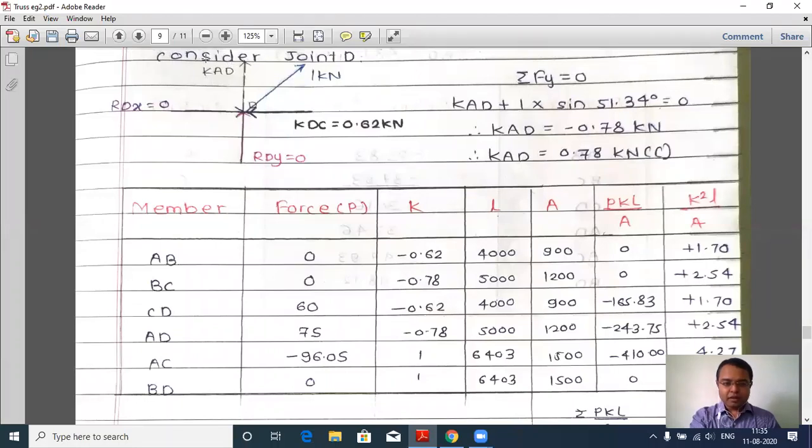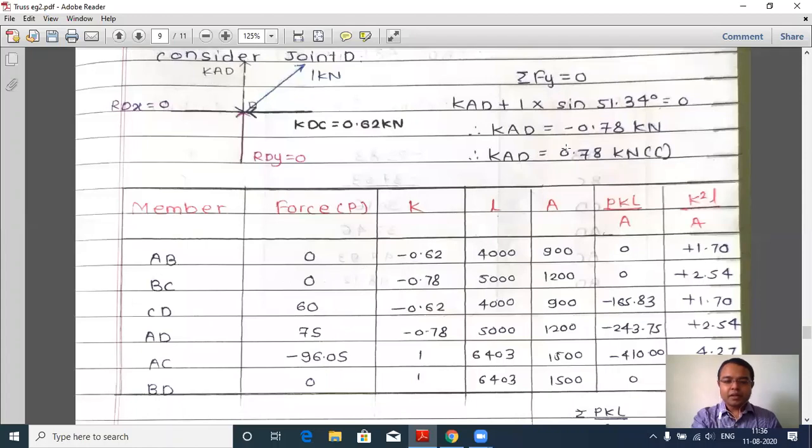Remember, up till now, while drawing the free body diagrams, we have assumed directions. But now we know the final answer, so while writing the final answer, the sign convention is tension as positive and compression as negative.